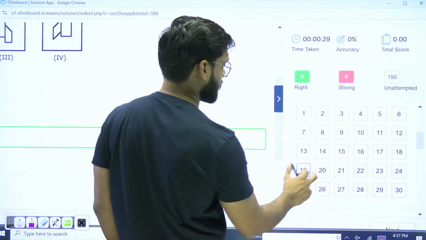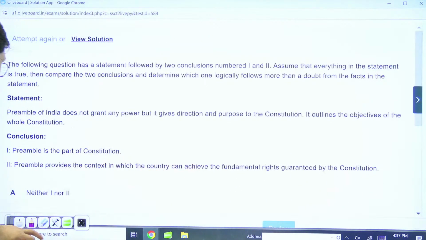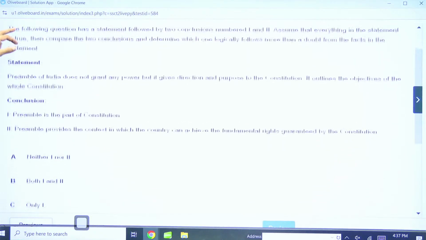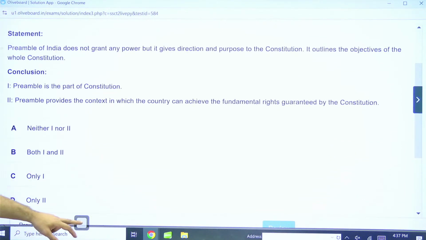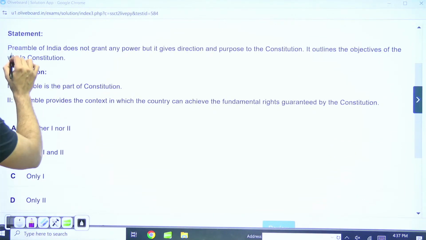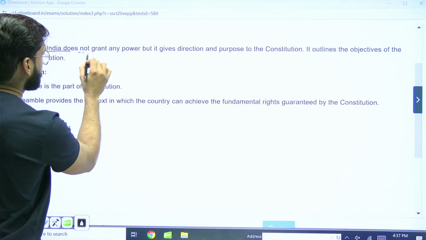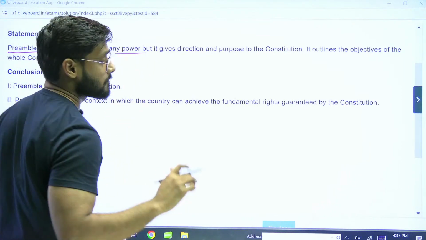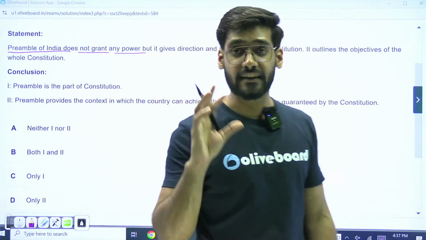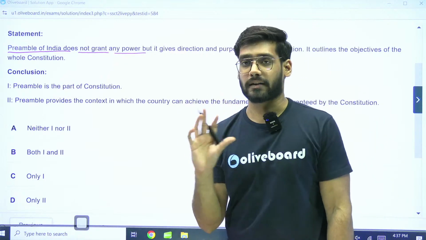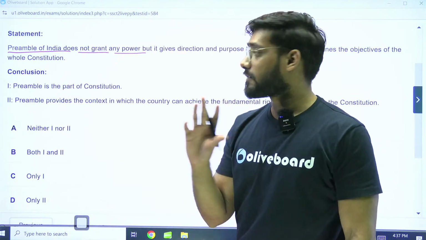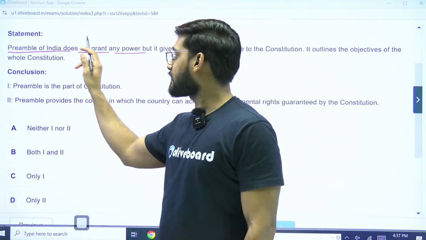20th question on our screen, from critical reasoning. Preamble of India does not grant any power.